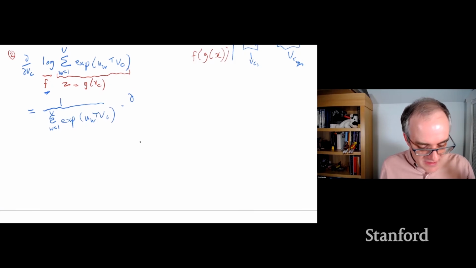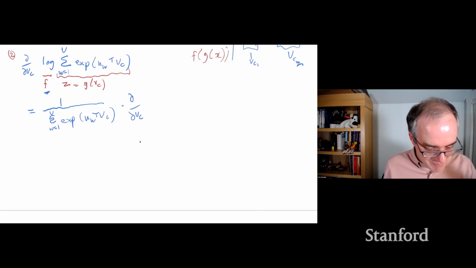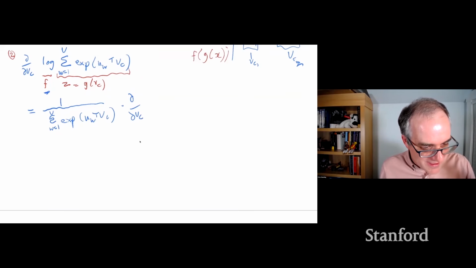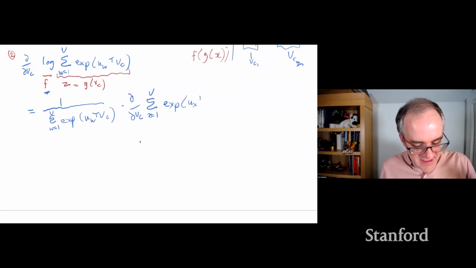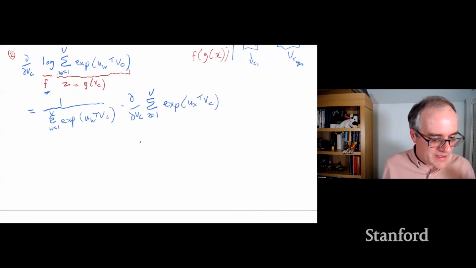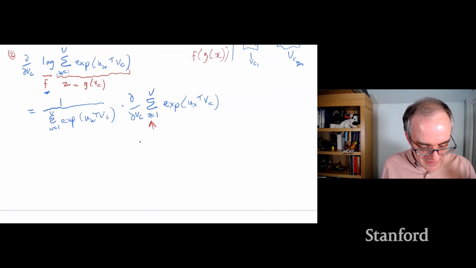So the derivative of the part that is remaining, I hope I'm getting this right, the sum of, oh, and there's one trick here. At this point, we do want to have a change of index. So we want to say the sum of x equals 1 to V of exp of u_x^T vc, since we can get into trouble if we don't change that variable to be a different one.